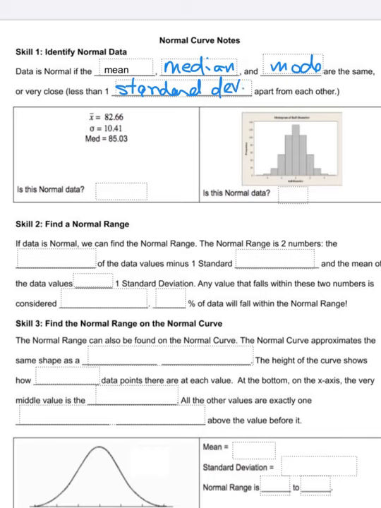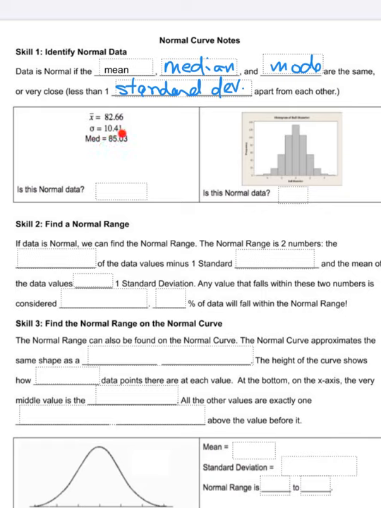And so our very first step is identify if our data is normal. So looking at this, remember this X bar means mean. The little S, or the little sort of hat with the circle, is standard deviation. And this MED means median. So looking at these two, our mean and our median aren't exact, so we need to look at our standard deviation.